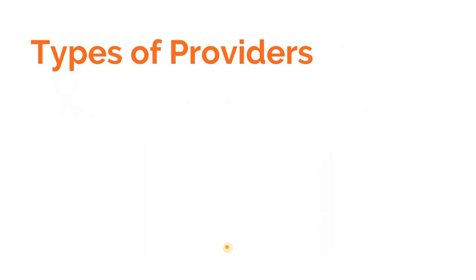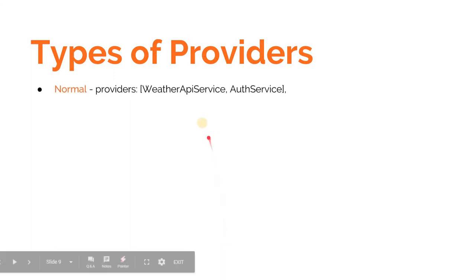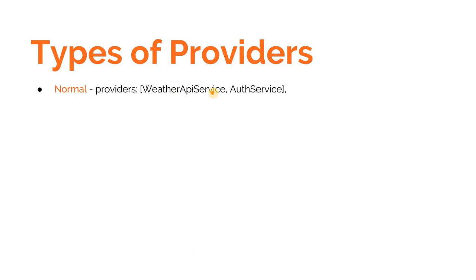Okay, and then there are some types of providers that we have in Angular. So there are normal providers like this. So if you create a class or a guard, basically, which essentially is a service in Angular. Okay, so for all these services you can simply register them to a module, or a component in Angular, using this providers array.